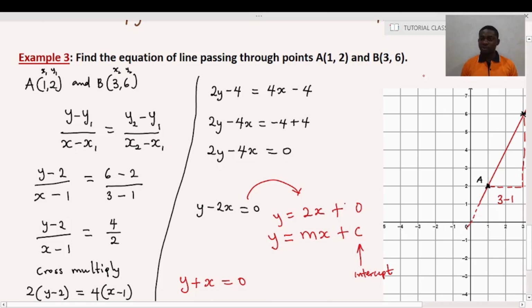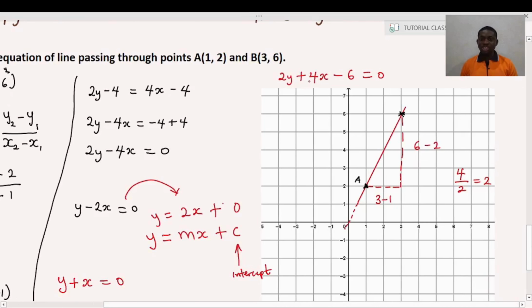Let's take, for example, if you are given the equation of a line to be 2y plus 4x minus 6 equals to 0. If this is the equation of a line and you are asked to determine the gradient and the intercept, it's one of the easiest things to do.